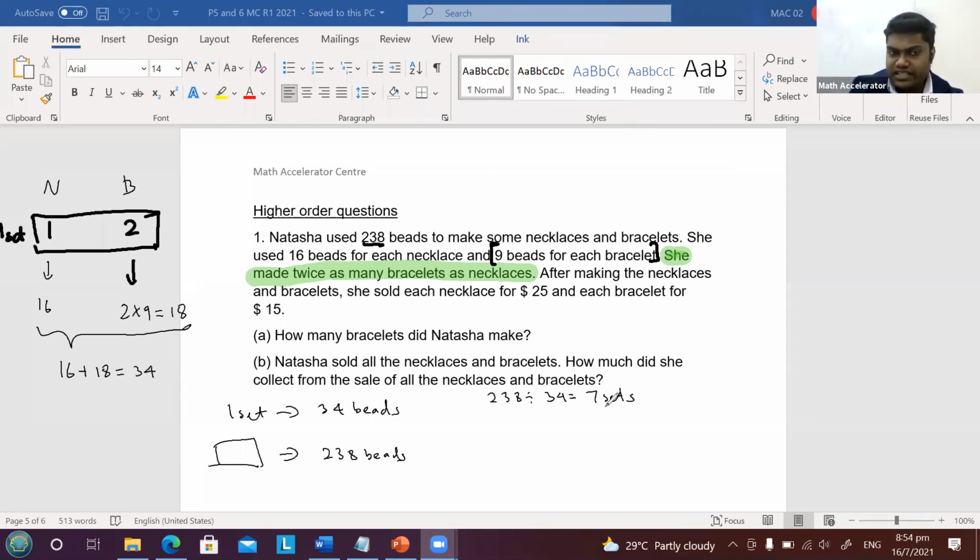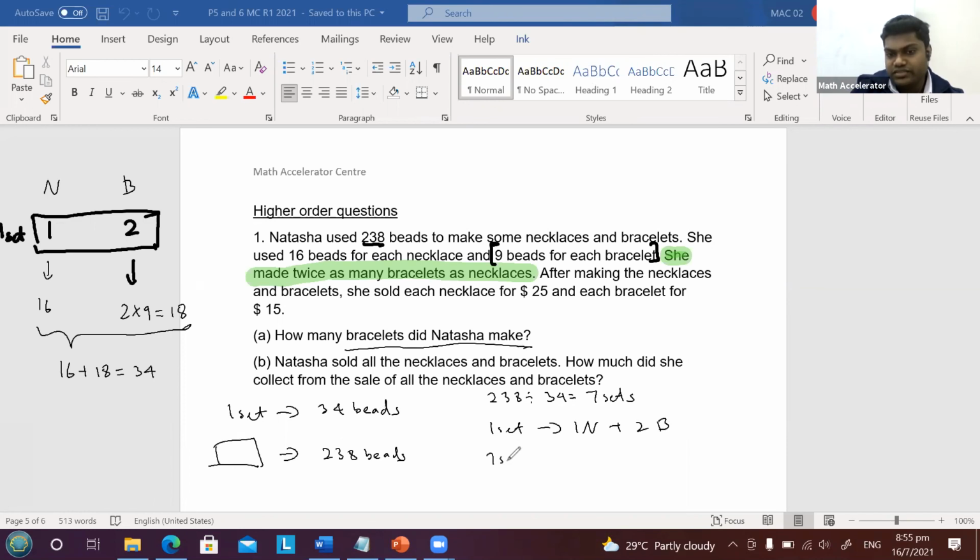So if there are 7 sets, now look, one set has 1 necklace and 2 bracelets. So how many bracelets did Natasha make?